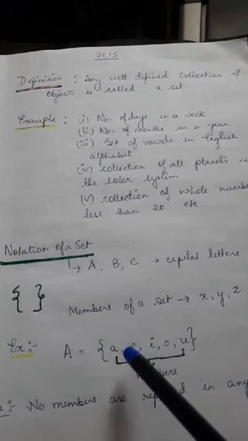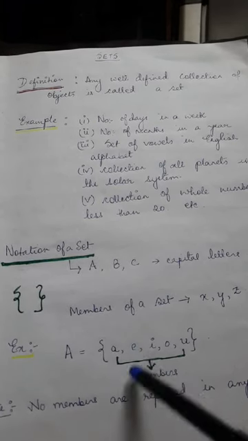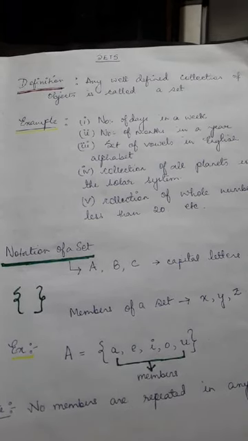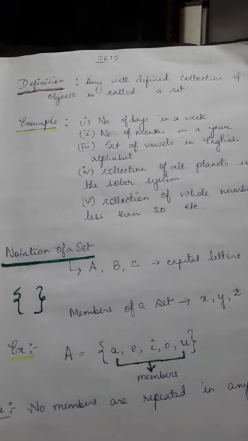You should remember that none of the members of a set is repeated inside. When you write a set, the members are not repeated. This is very important to keep in mind.